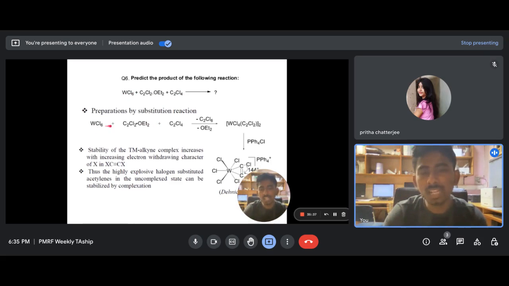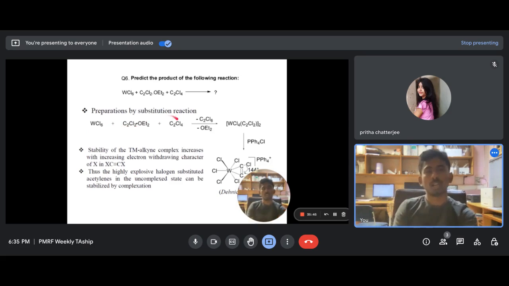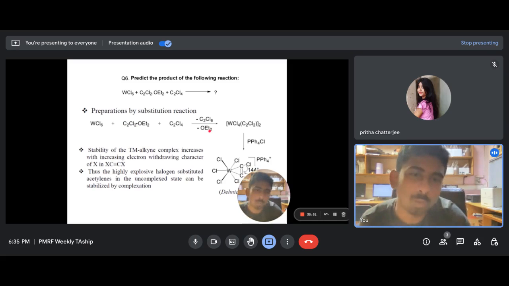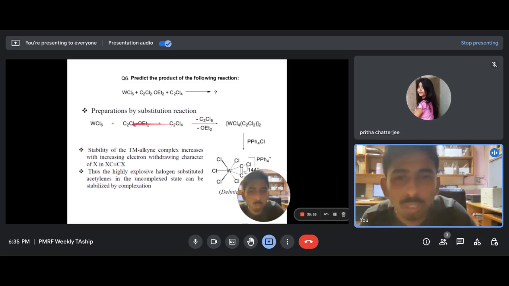Tungsten hexachloride is treated with C2Cl2·Et2O in presence of C2Cl4. So there will be a release of the neutral ether compound, and also neutral C2Cl6. From C2Cl4, it takes up these 2 electrons.